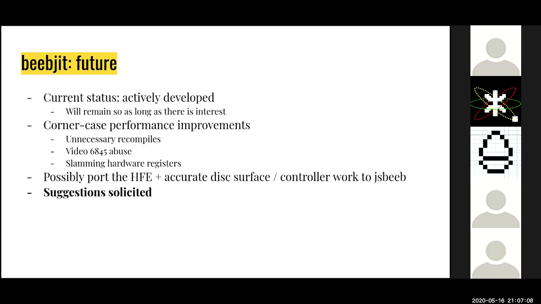There are other games that just slam the hardware registers. That's one thing that's really hard to do fast in the JIT engine, because when you hit a hardware register, that's kind of the business of the BBC to do its potentially complicated thing with that hardware register change. So every time you hit a hardware register, the JIT engine has to stall, has to save its state, it has to restore state that's suitable for calling into C code, and then come back into the JIT.